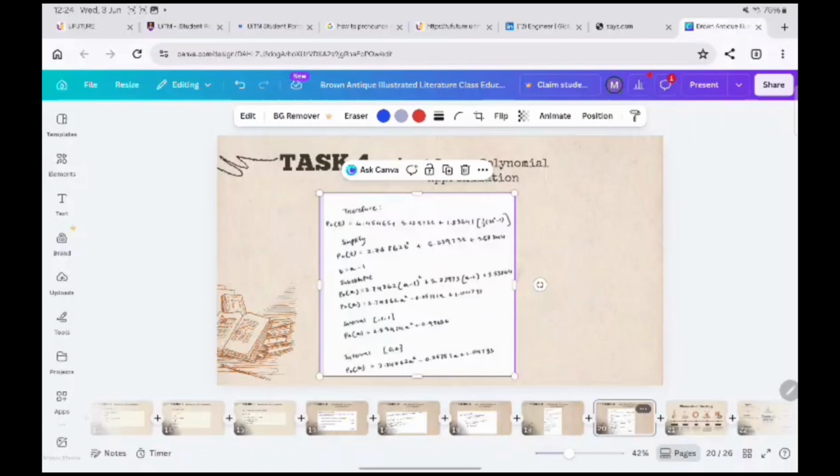This method is useful because Legendre polynomials are orthogonal, which makes the calculation of least squares coefficients simpler and more systematic. Thank you.